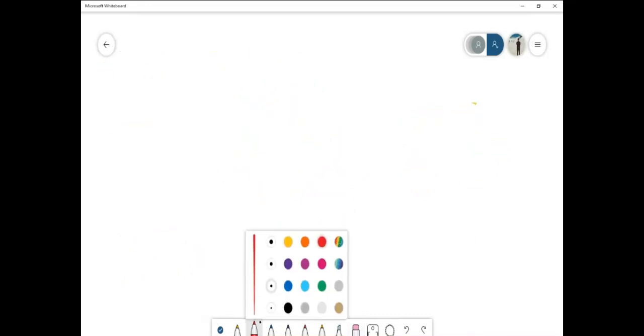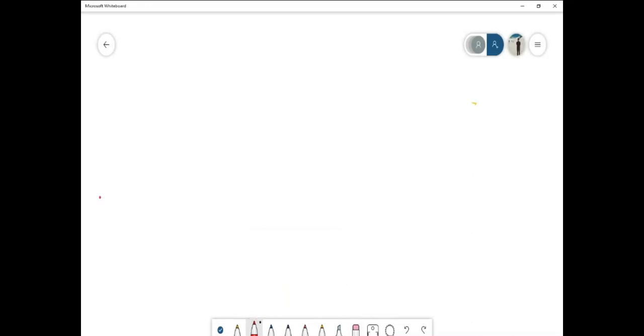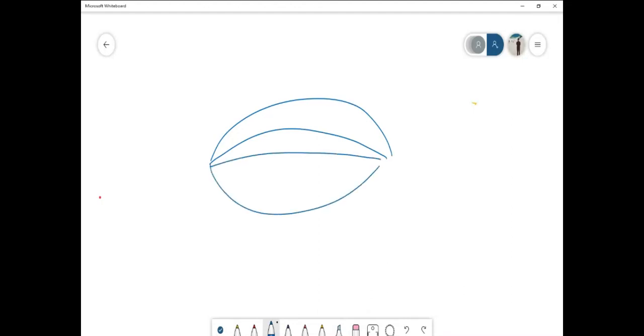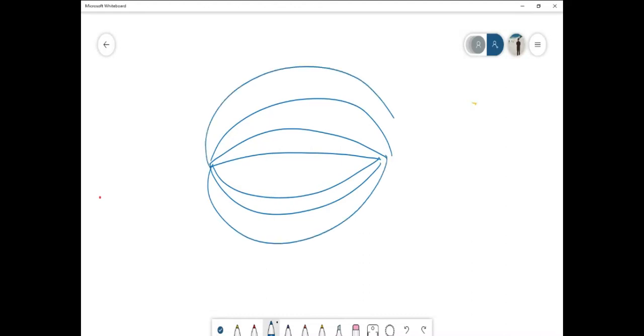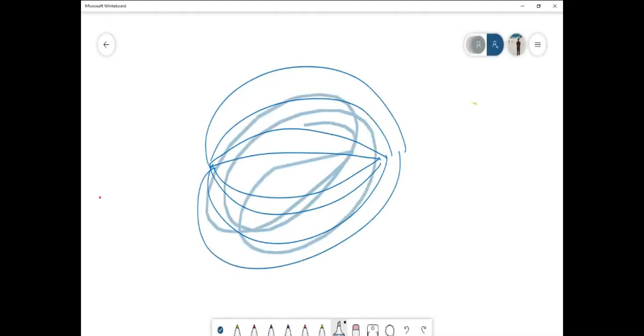We have one more shape. It's like a ball, okay? Let's say this is a ball.